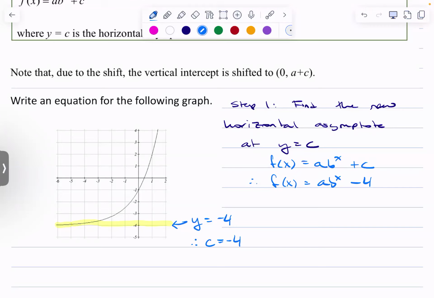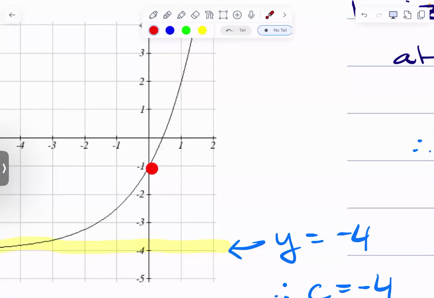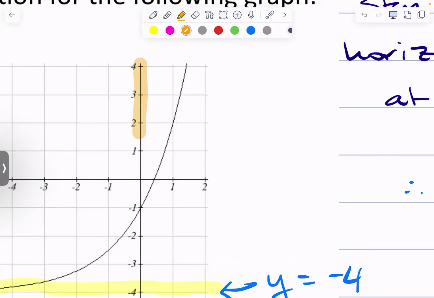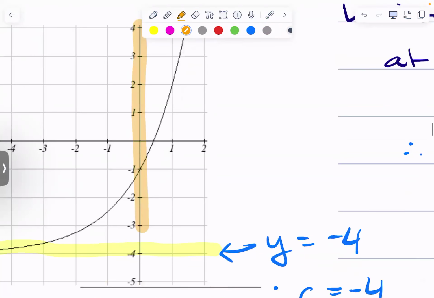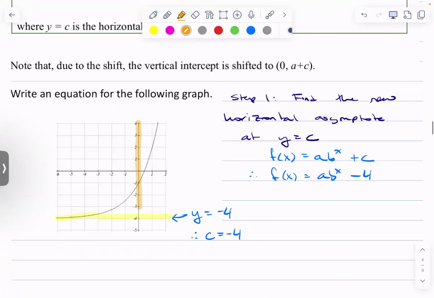Next thing I would tackle, probably, is figuring out what the function is at x equals 0. And so in this case, it's relatively obvious to me that it should be equal to -1. And so here, f of 0 is -1.